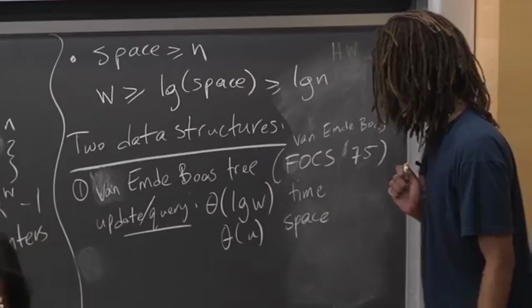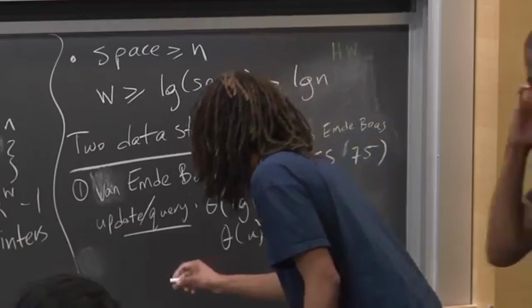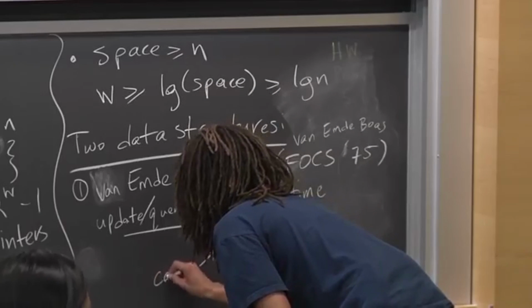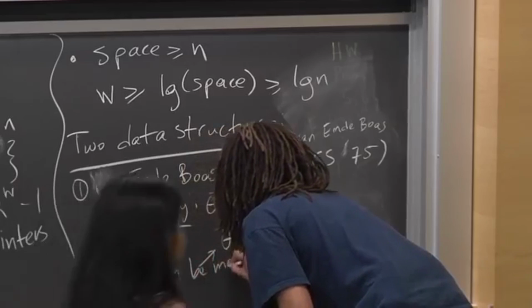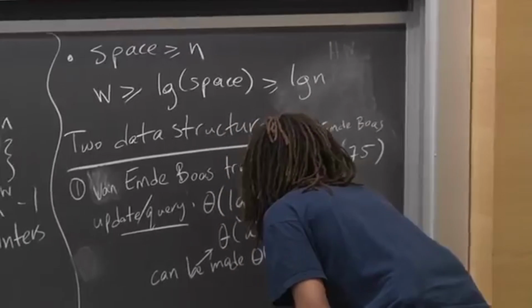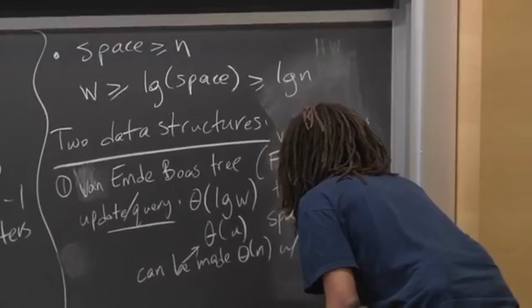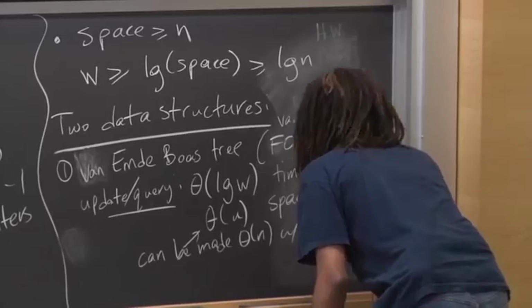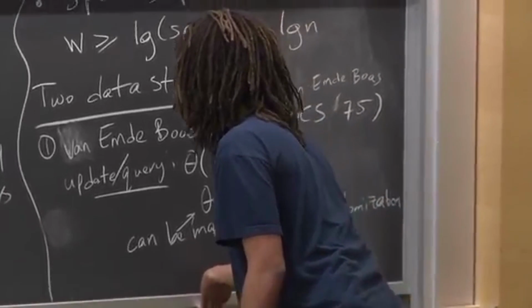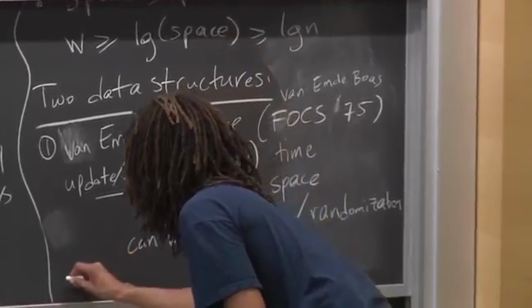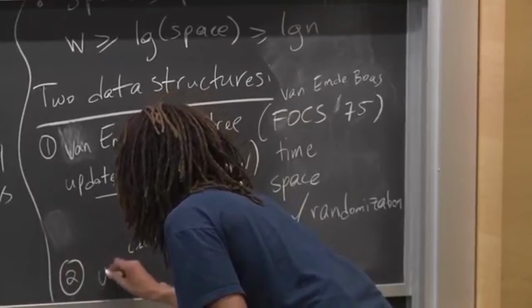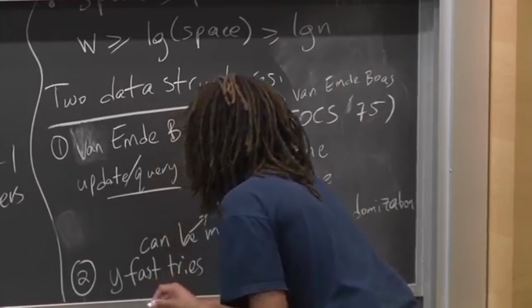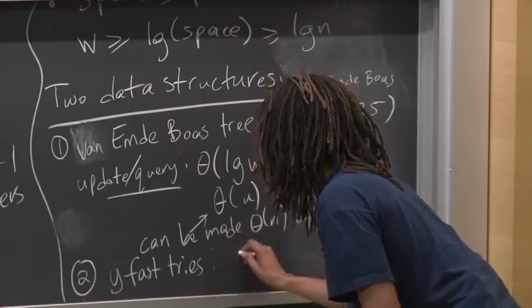And we'll see that this can be made theta n with randomization. And we'll also see a related data structure called y-fast tries, which get the same bounds.